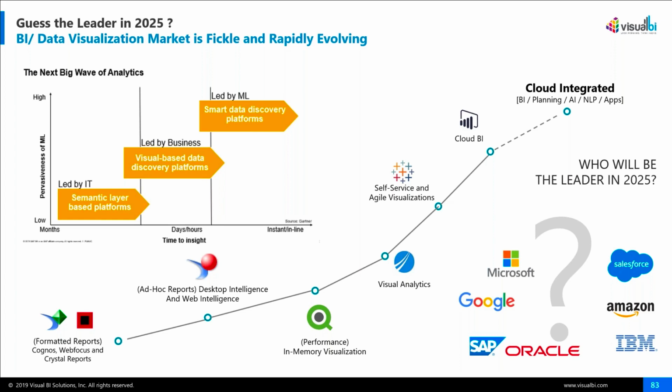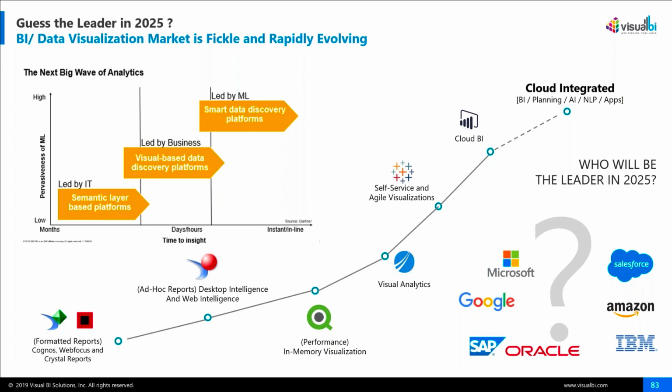But to be able to do smart data discovery, you need to have your data in one single place to be able to seamlessly offer smart insights and valuable automated, augmented insights.